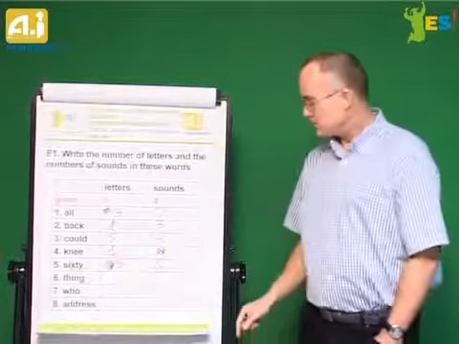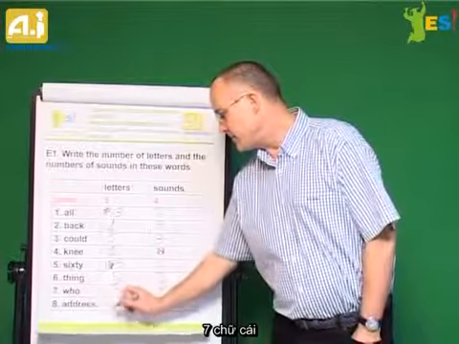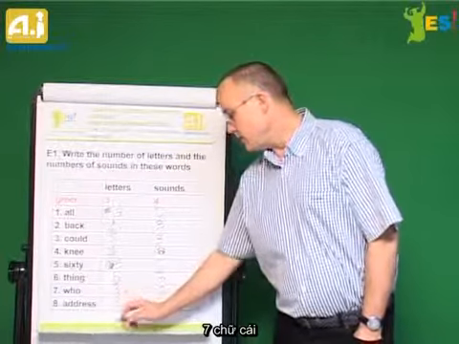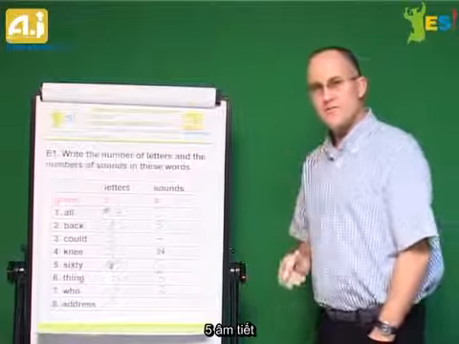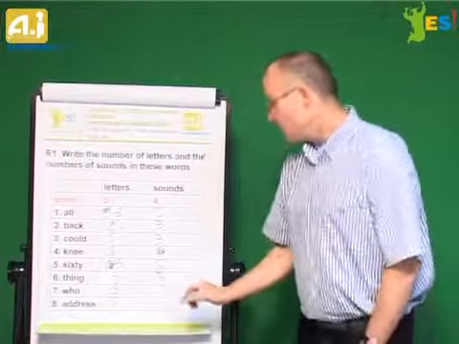The last one, address. 1, 2, 3, 4, 5, 6, 7. There are 7 letters in address. And how many sounds are there? 5. Yeah, there are 5. Let's see if I can do this for you. D, S. 5 sounds.